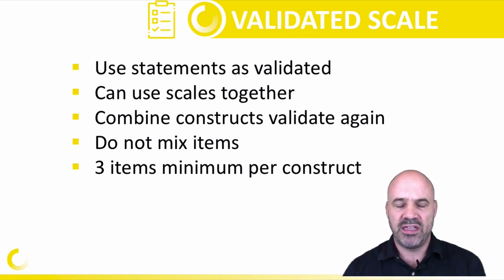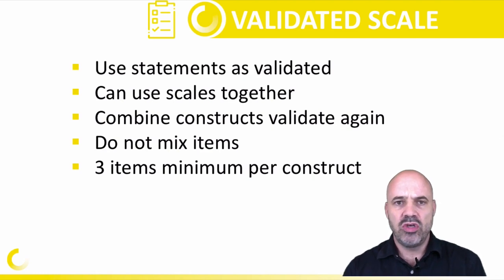That will definitely not work. Don't do that. Because the statements are validated with the factor loadings to certain factors according to the rest of the statements in the factor structure. So you cannot mix it.